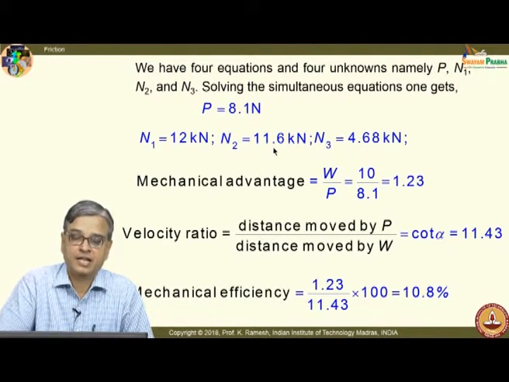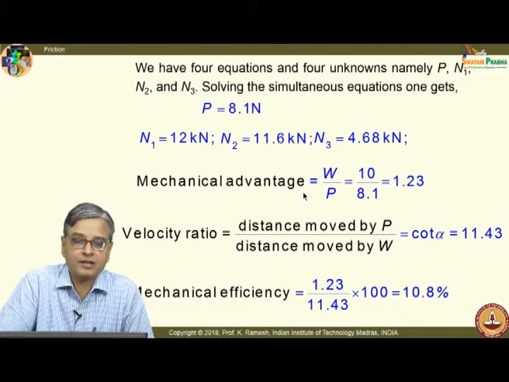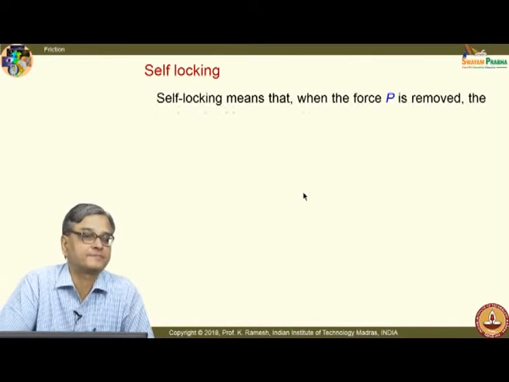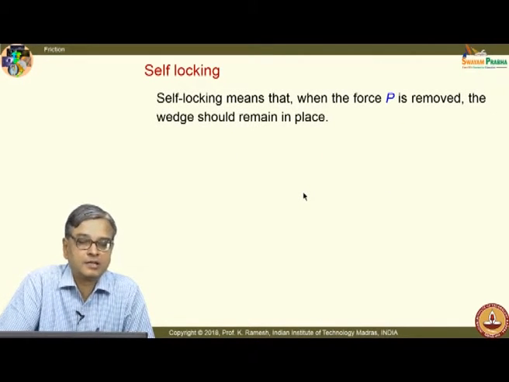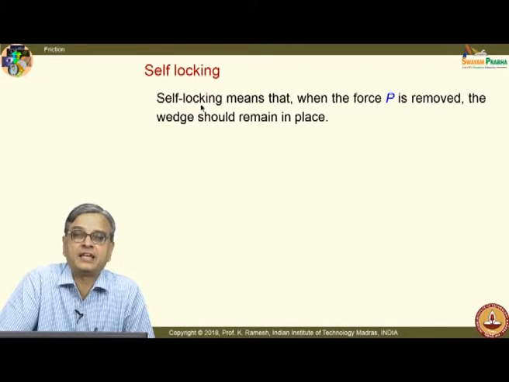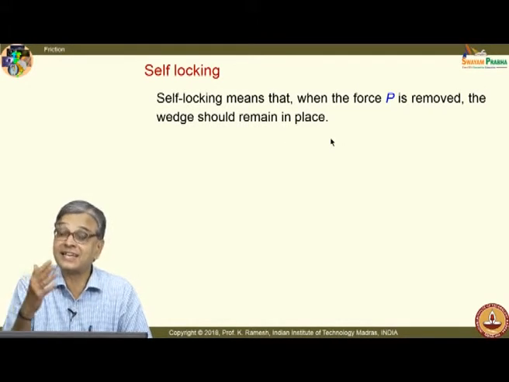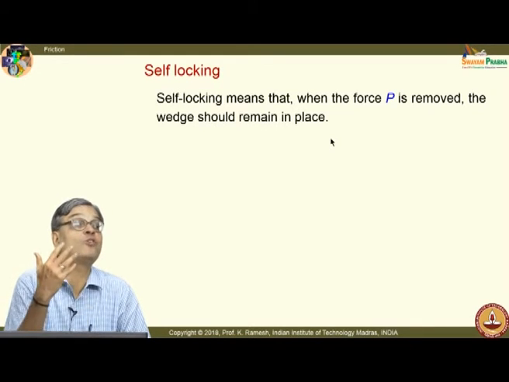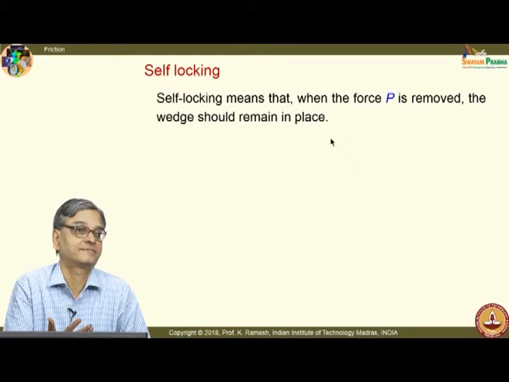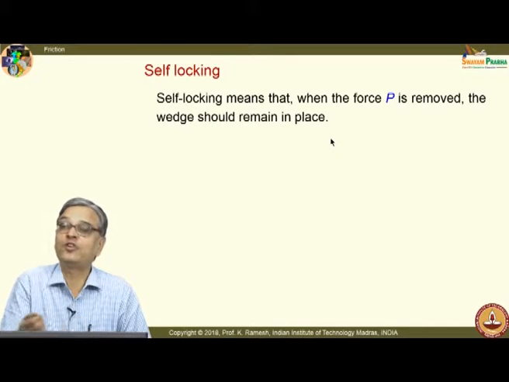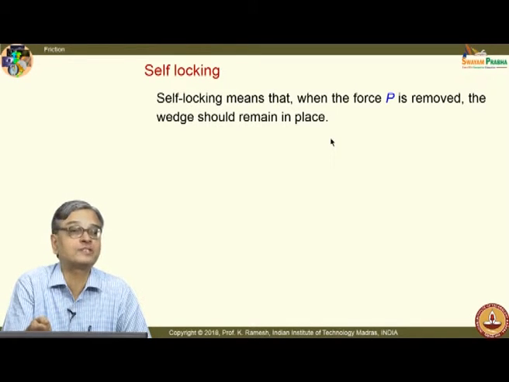Now let us look at what is self-locking. Self-locking means that when the force P is removed, the wedge should remain in place. It's a desirable aspect. This is the way we want the system to behave. I do not need to keep the force applying.